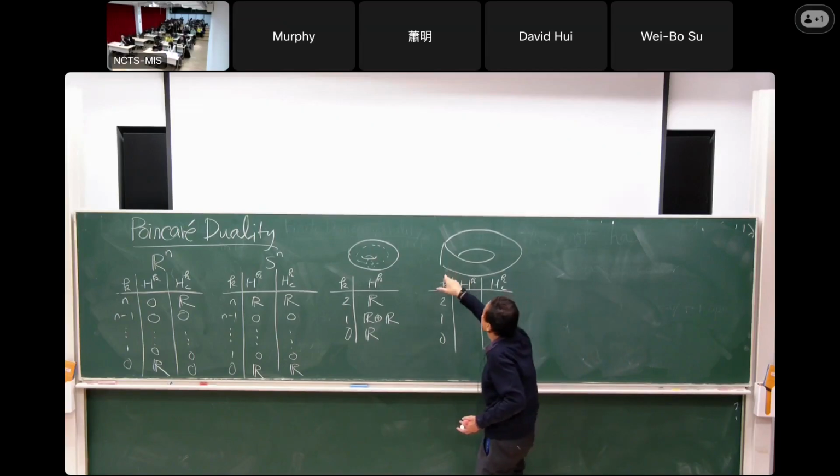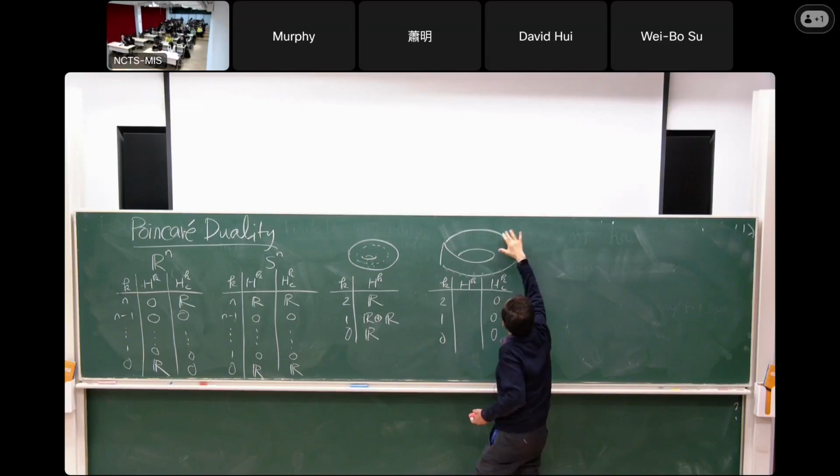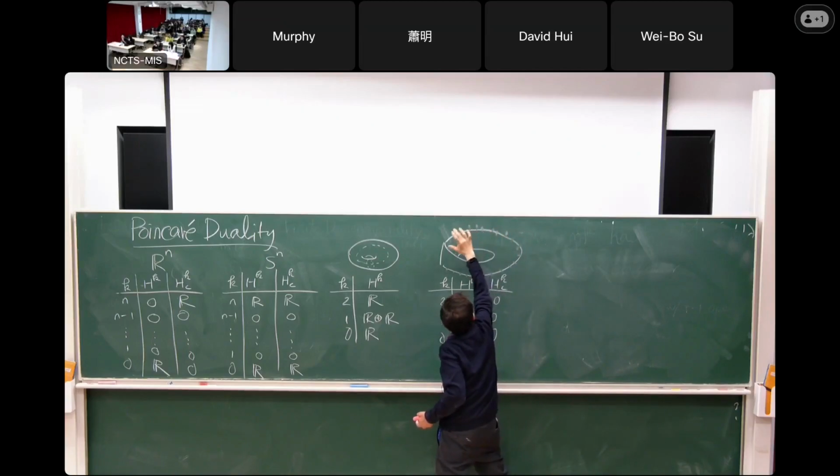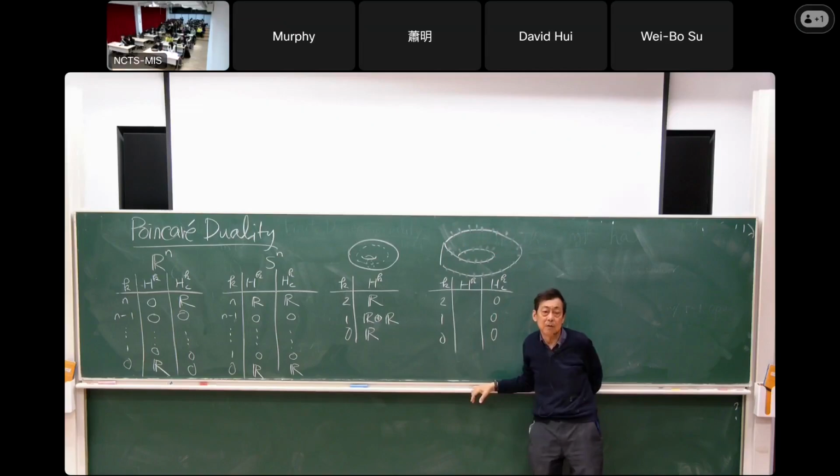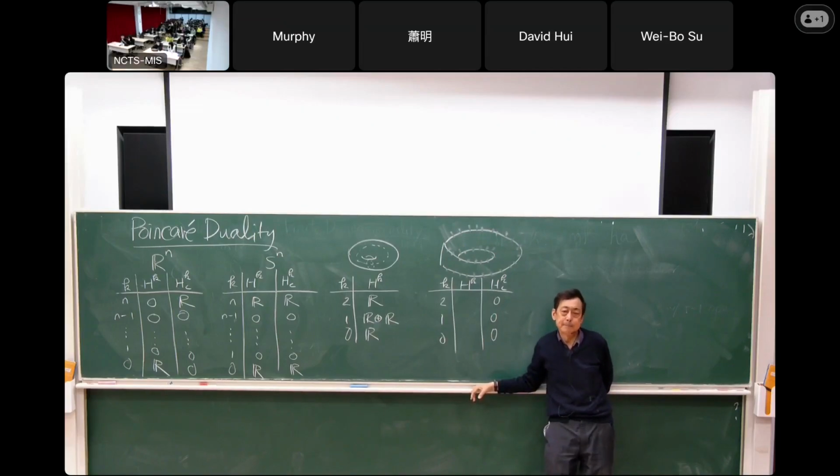Again, this is an open Möbius strip, so let me take off points on the boundary. What is it homotopy equivalent to?